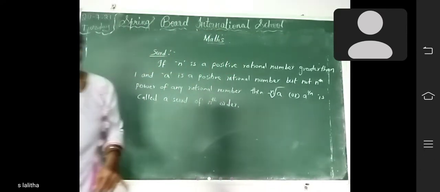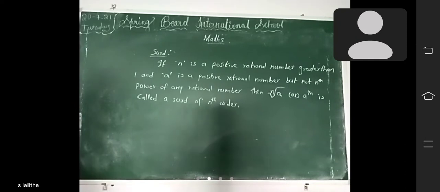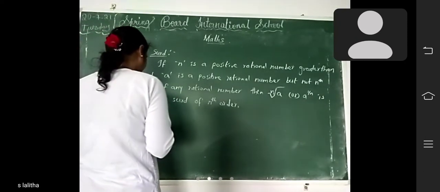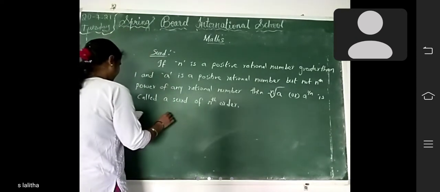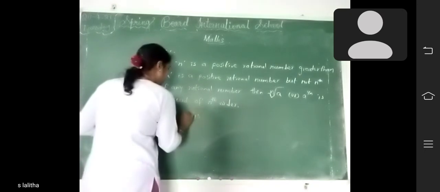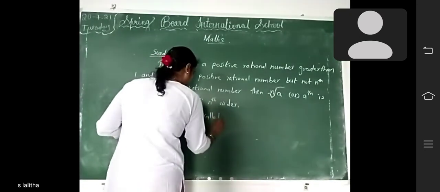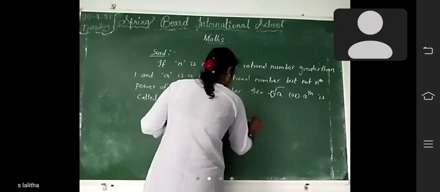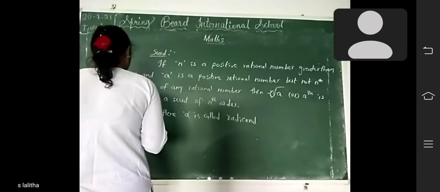Okay, ma'am? Right. Here a is called radicand. A is called radicand.